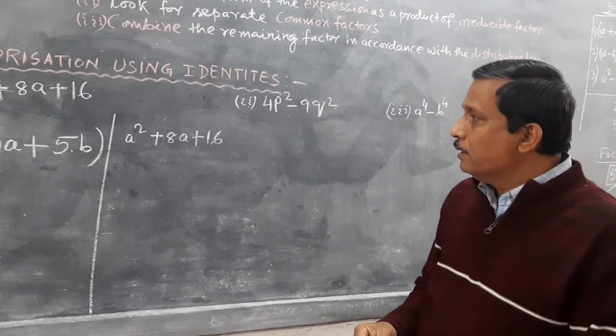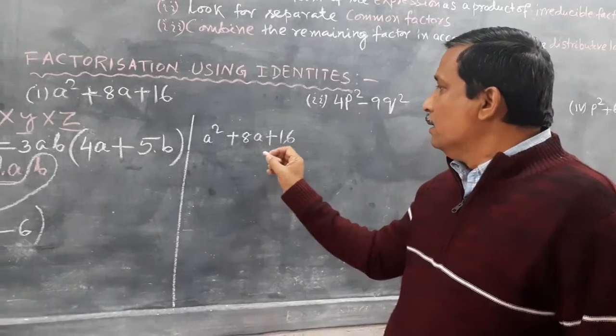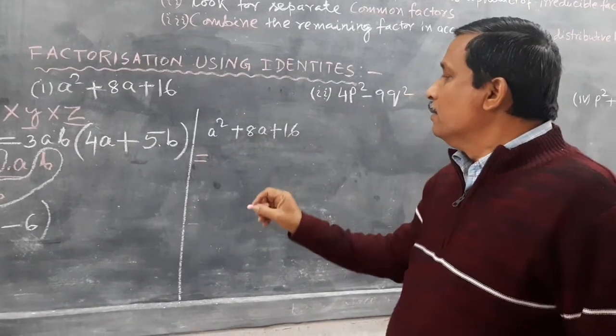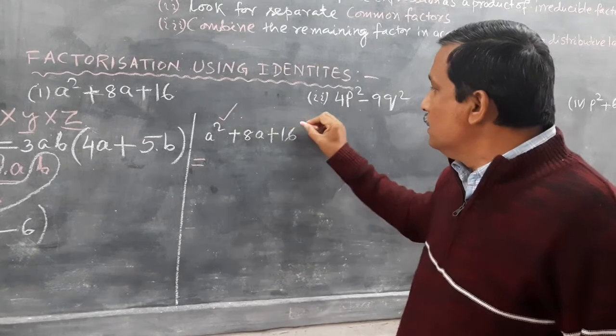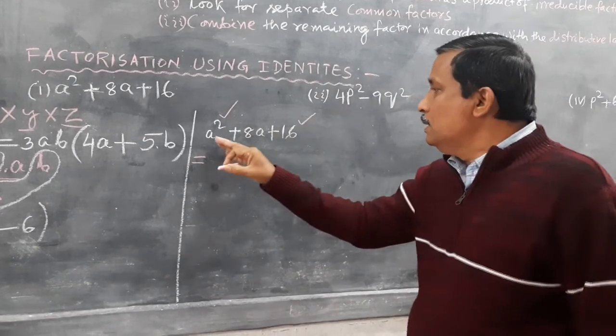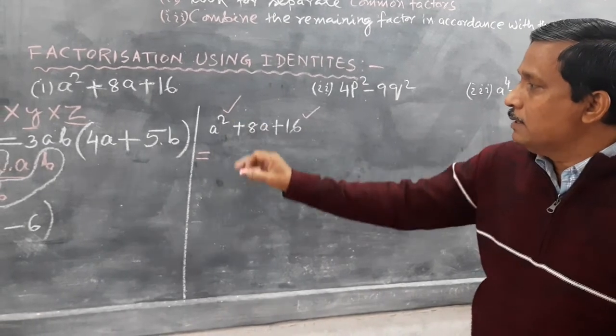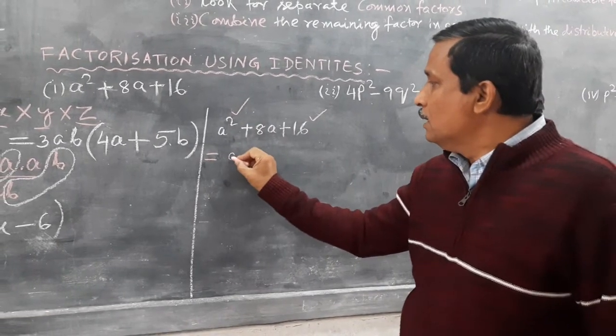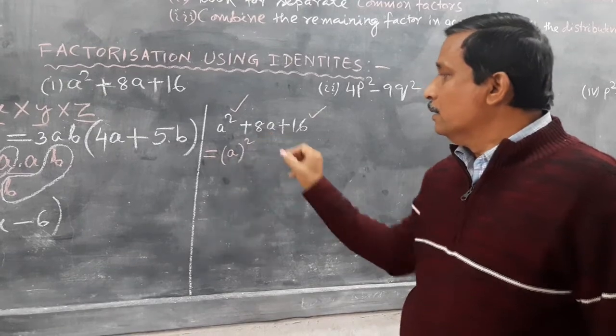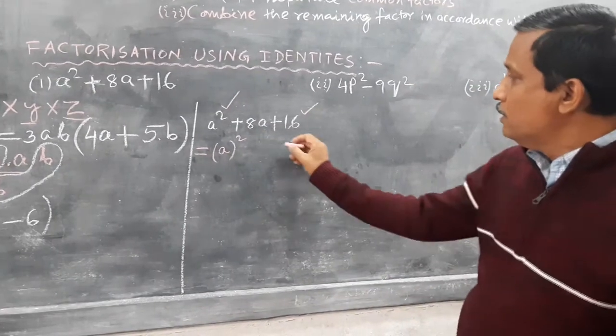When you are factorizing, this is the first term, this is the last term. You see the first term and the last term. The first term is the square of a. Similarly, you see the last term.